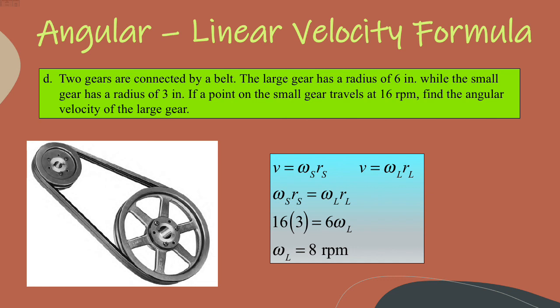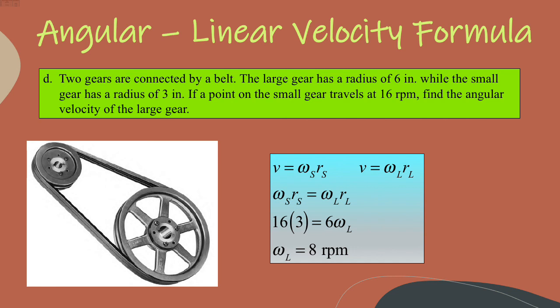So we can set up 2 equations. V equals omega S rS and V equals omega L rL. Realizing that the velocity V is the same, we can say omega S rS is equal to omega L rL.